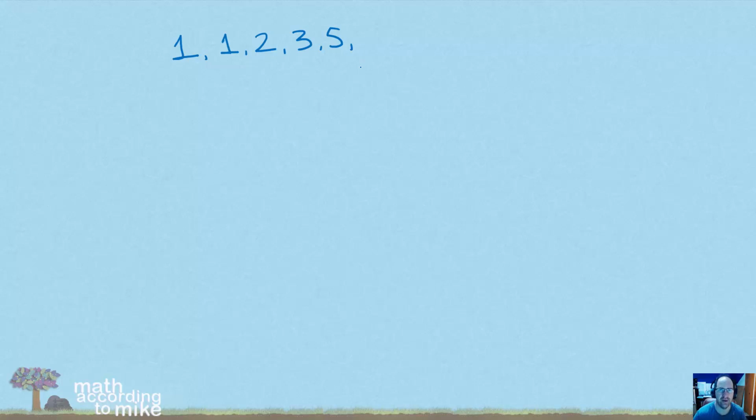1, 1, 2, 3, 5. So remember in chapter 1 you were asked to find the next term of the sequence, and we had some tricks. Like remember we had arithmetic, where you keep adding the same number repeatedly. Well, that doesn't work here. 1 plus 0 is 1, but the second 1 plus 0 is not 2.